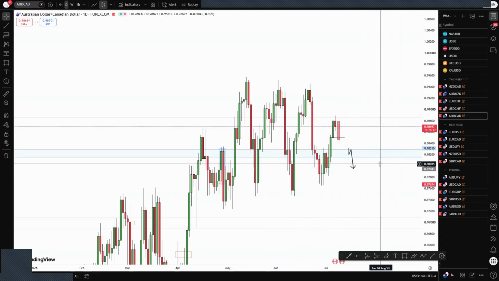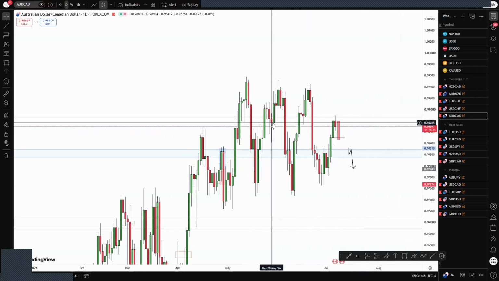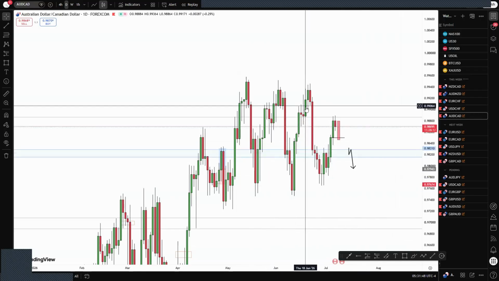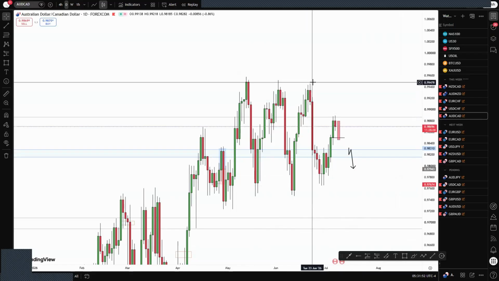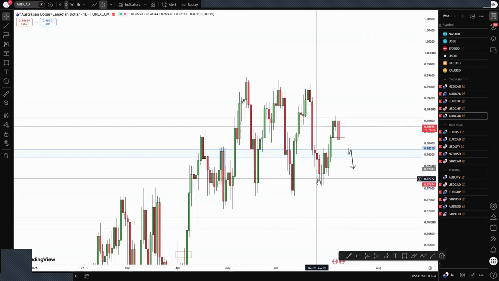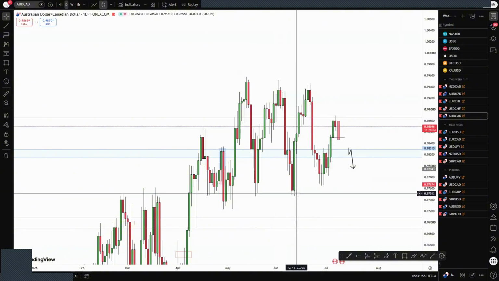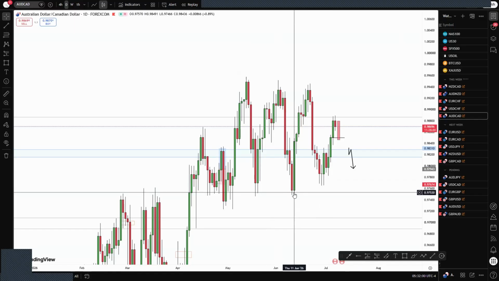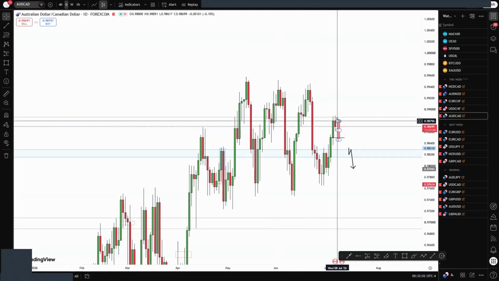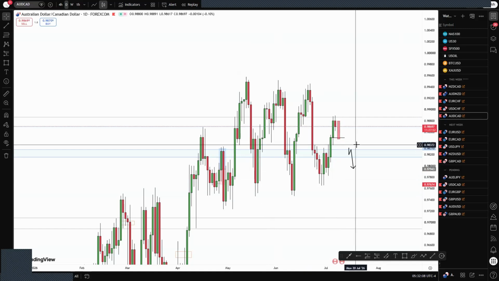If this is my OG level, price retests, fails to give me an entry and breaks above, I wait for price to break below. Regardless, if price hasn't taken out the lower low, then price comes back here, and I wait for an engulfing, and then sell. So we'll see if this will happen today.